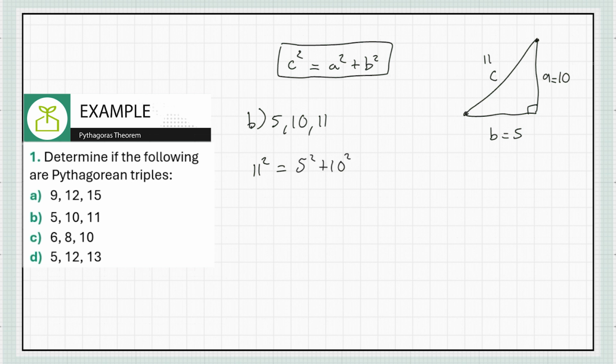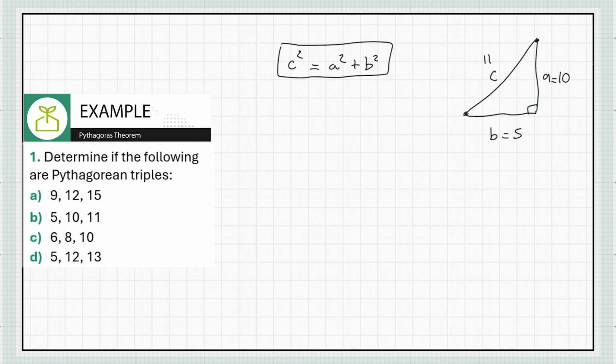And if this is true, then ultimately we have a Pythagorean triple. Now 11 squared is 121, 5 squared is 25, and 10 squared is 100. So in this particular case, 121 does not equal 125. And because of that, this is not a Pythagorean triple. So the answer to B would just be no.